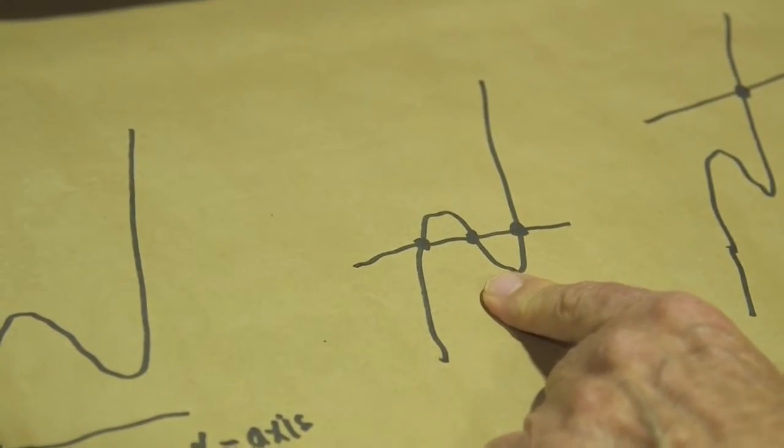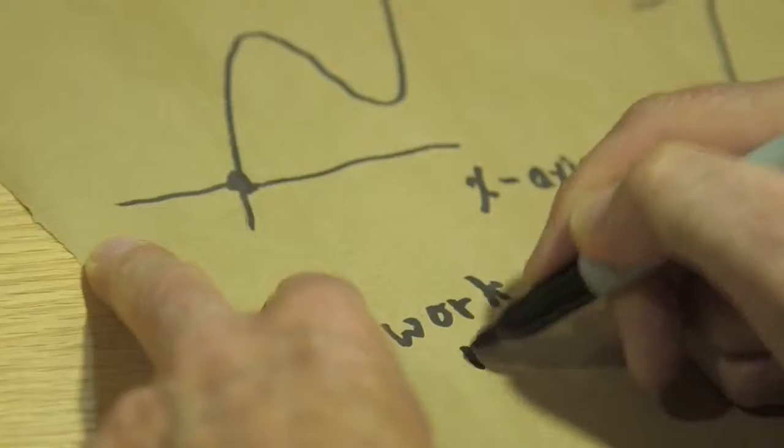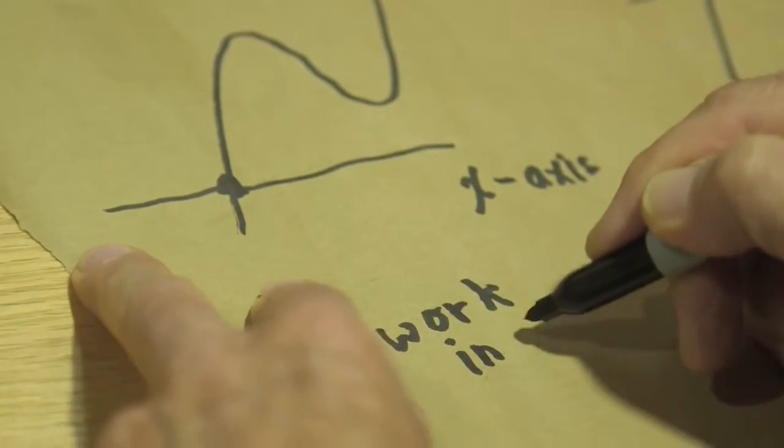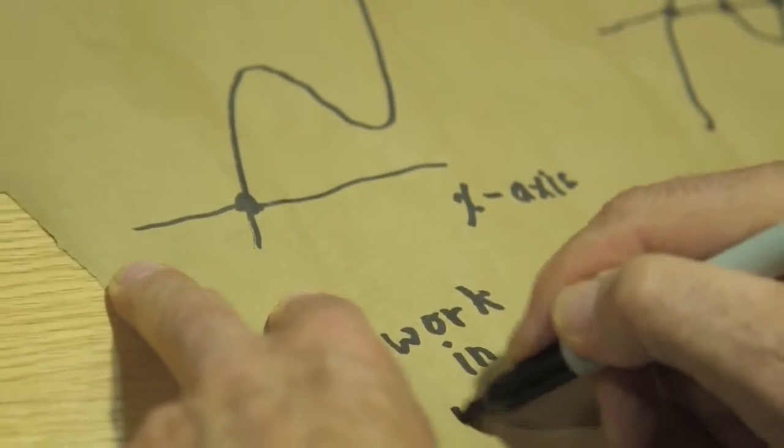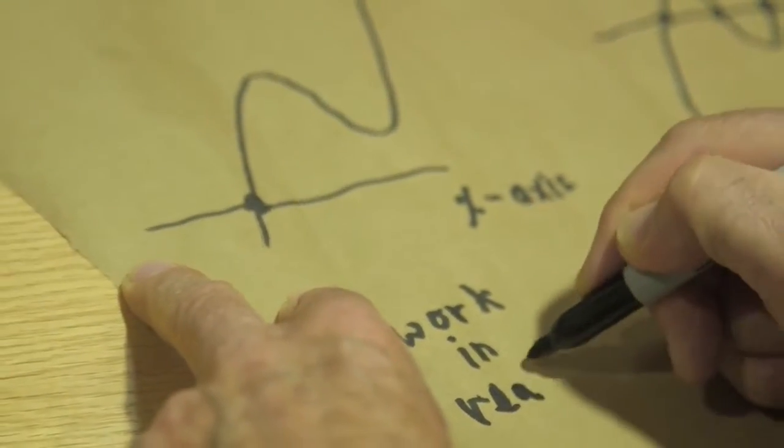This one was a weirdie. It was weird. And in order to solve this, these are real numbers. So all you have to do is work in real numbers. This one too. You work in real numbers and you get the solution. For this one, something very funny happens.